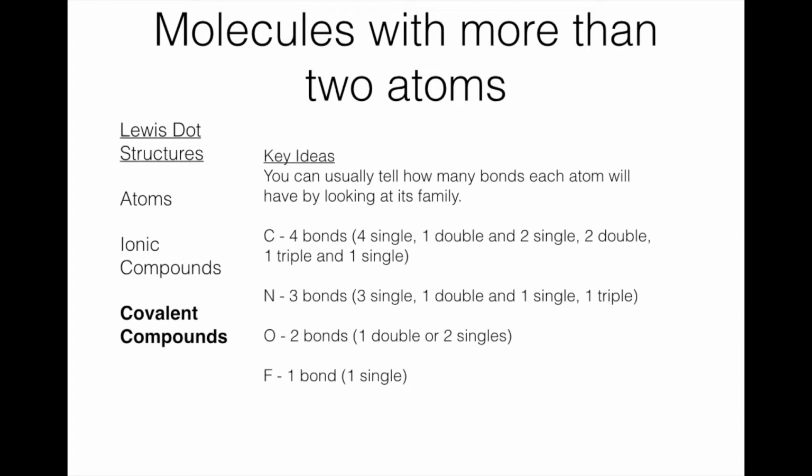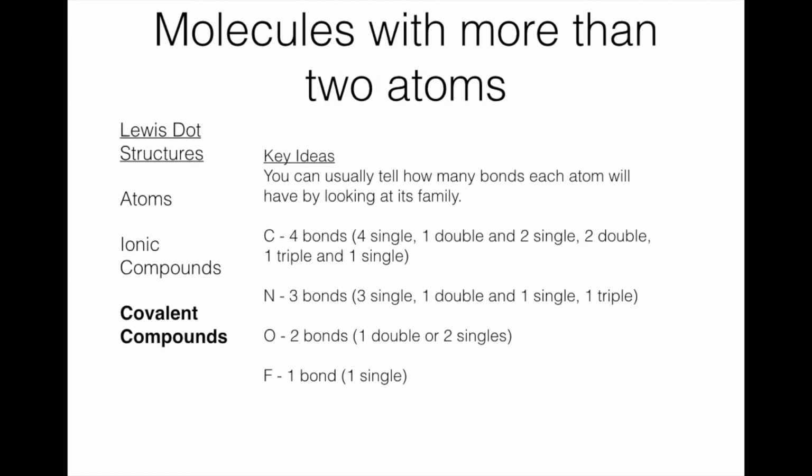Carbon likes to have 4 bonds. That can be a combination of 4 single bonds, 1 double bond and 2 single bonds, 2 double bonds, or a triple and a single bond. There are a lot of combinations, but in the end, carbon typically has a total of 4 bonds.